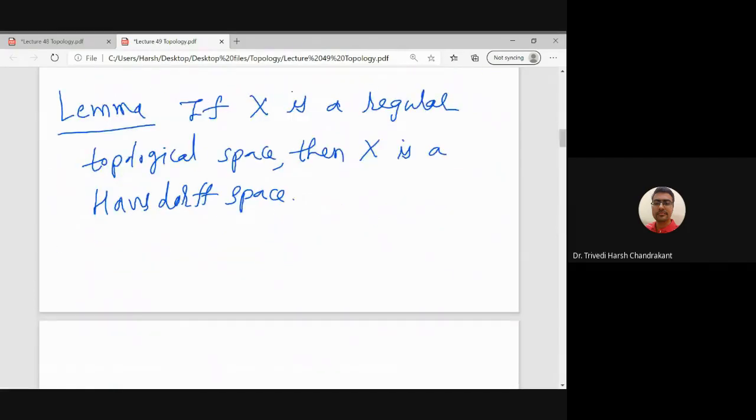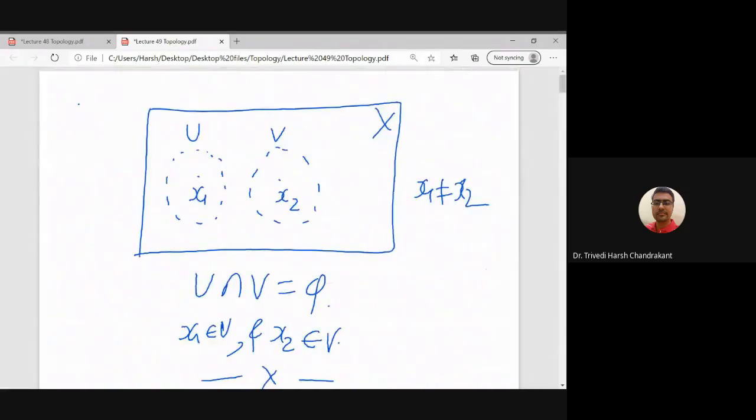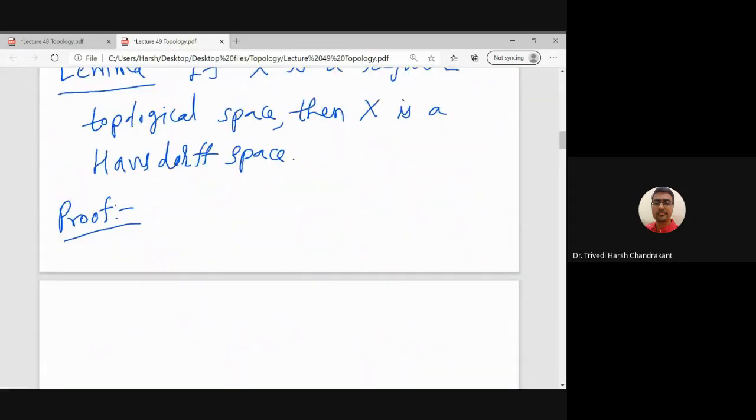So the proof is very simple. From the diagram, whenever we have a regular space, U and V separate x and the closed set B, and here we have to show that they separate x and y. We just need to observe that we have to choose a particular set B which contains y.